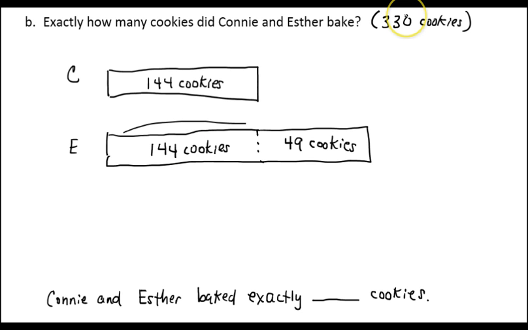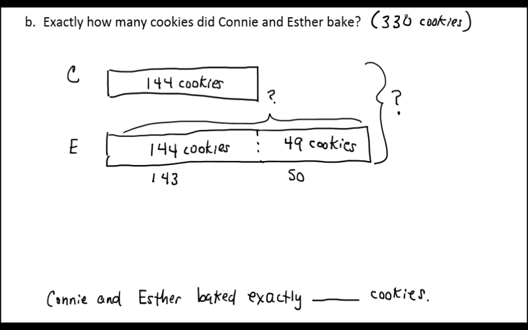And again, we need to figure out exactly how many cookies Esther baked and then what the total was for the two girls. So let's combine 144 plus 49. I'll do some compensation addition here, meaning if I take 1 away from my 144, that would be 143, and add it to the 49, that makes it 50.